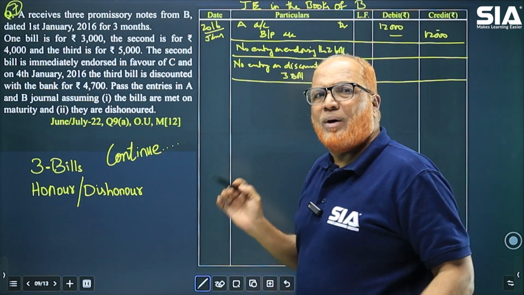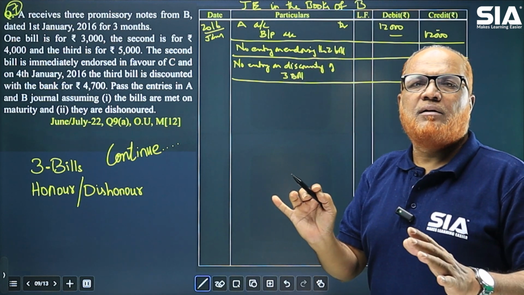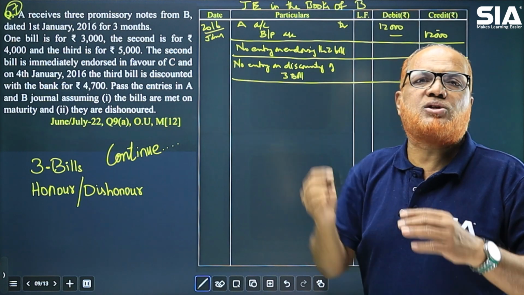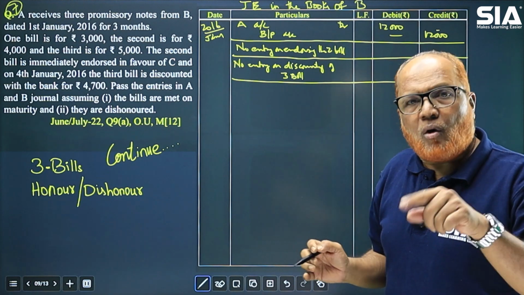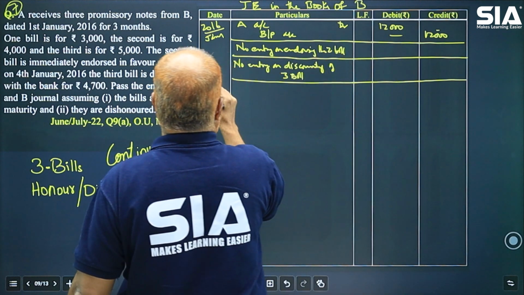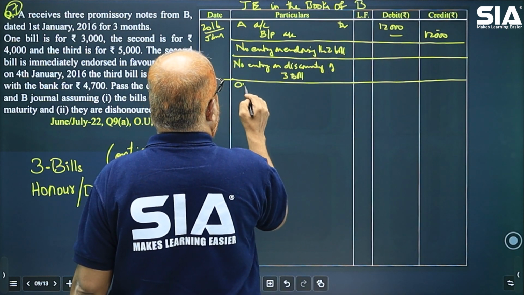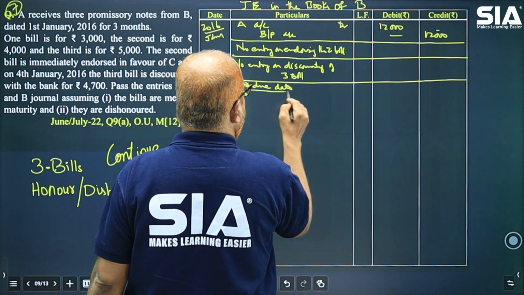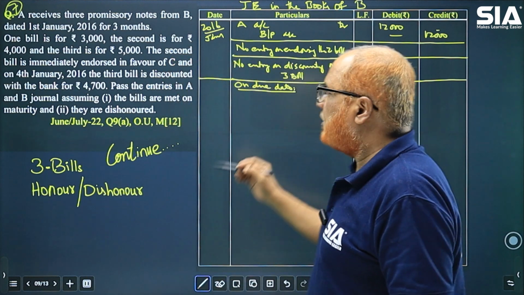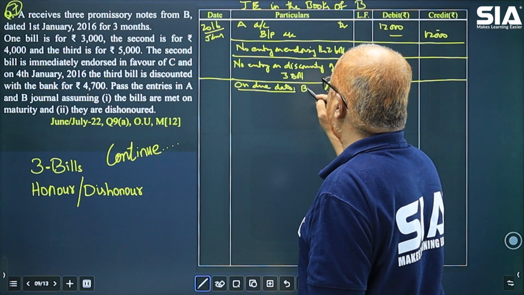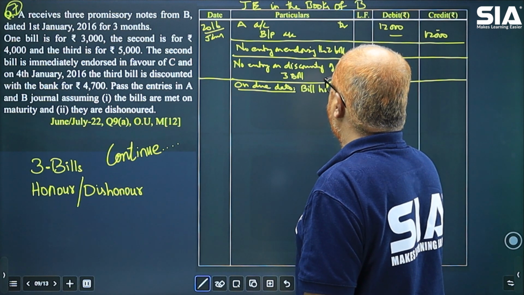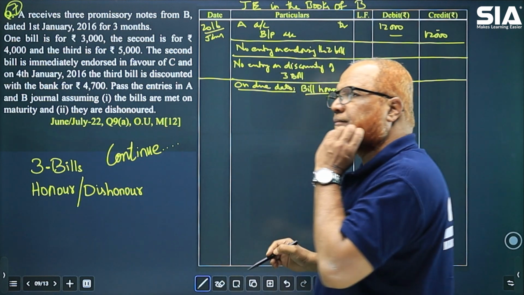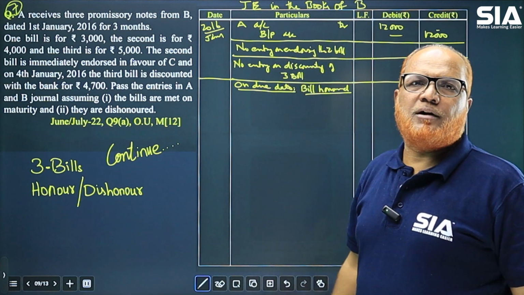Understood? Once the bill is given, the drawer is not concerned with what the other party is doing. Now on due date, when the bill is honored, all the three bills are honored.